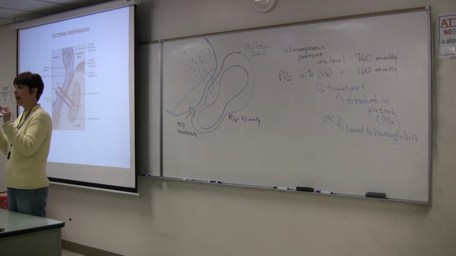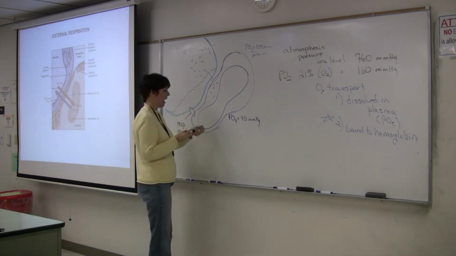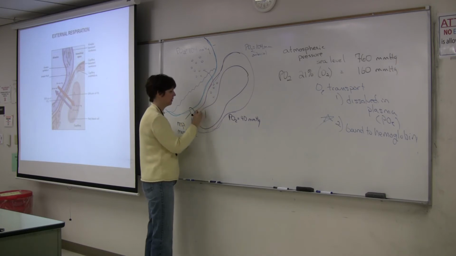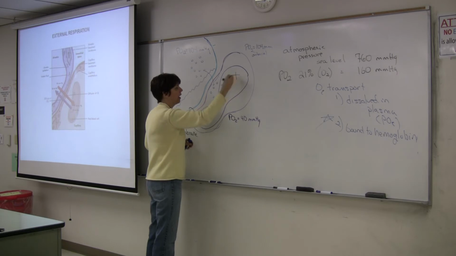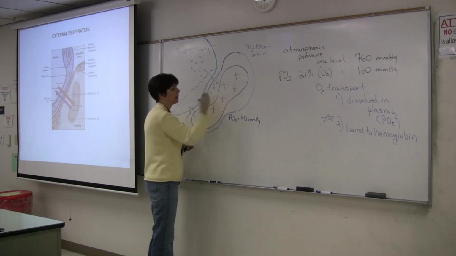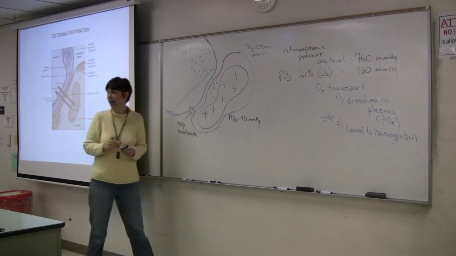And each alpha and each beta chain has incorporated into it an iron atom. And that's what oxygen actually binds to. All right? So I'm going to draw a cross, not because it's a cross, but because it has 4 ends. And iron that represents the hemoglobin molecule with 4 binding sites for oxygen.